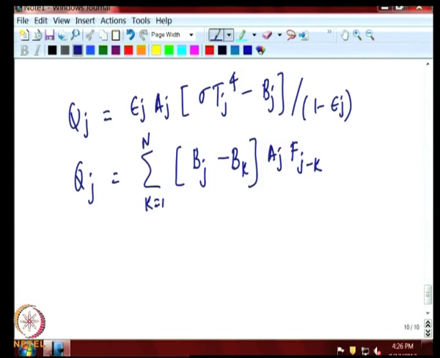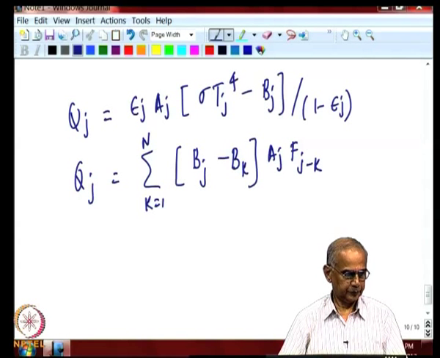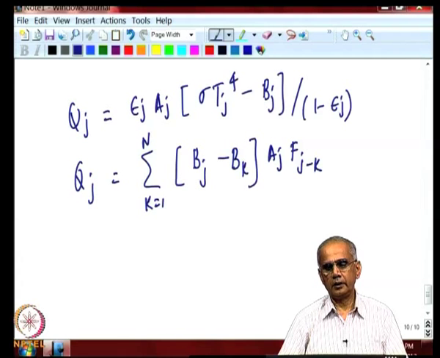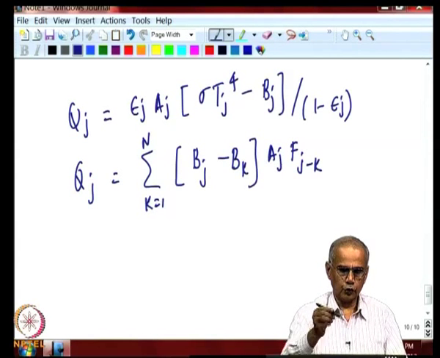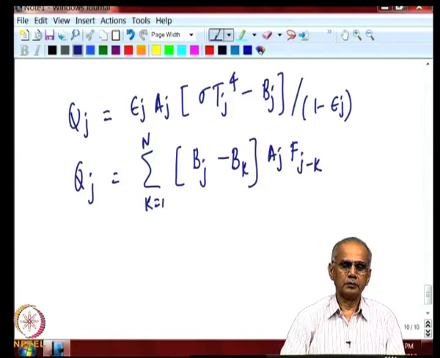So, suppose we treat radiosity as the unknown. Suppose we have an n surface enclosure, and let us say in some surfaces the temperature is known, but the heat flux is not known. In other surfaces the heat flux is known, the temperature is not known.